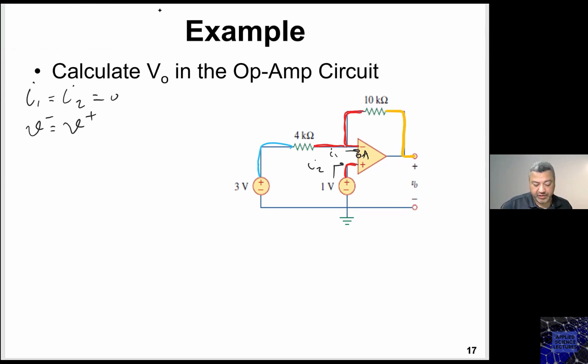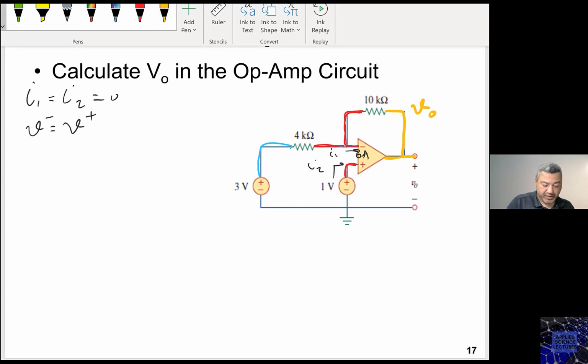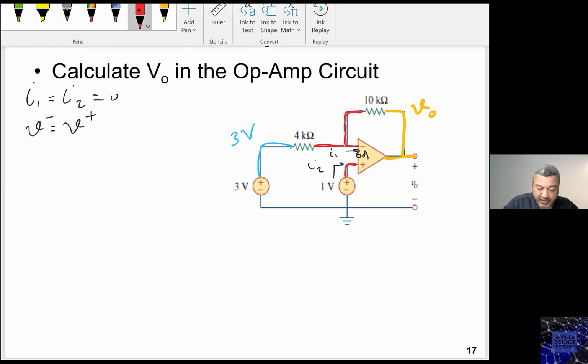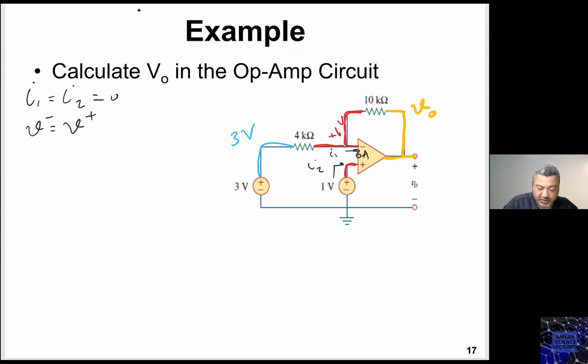This one is the output, so this one is V naught. The blue one is 3 volts. What about the red one? It equals 1. This is correct. This one is 1 volt because of the reference here, and this one is 1 volt as well.